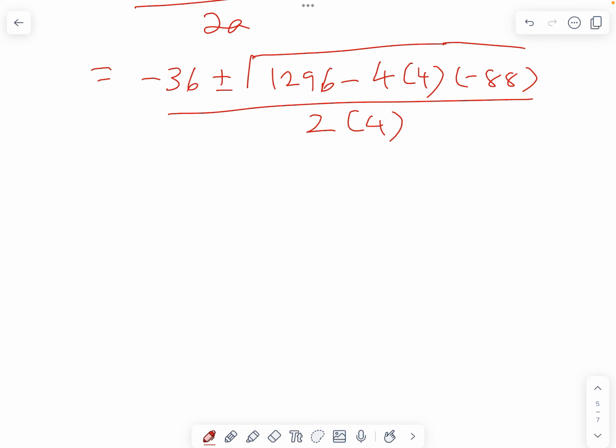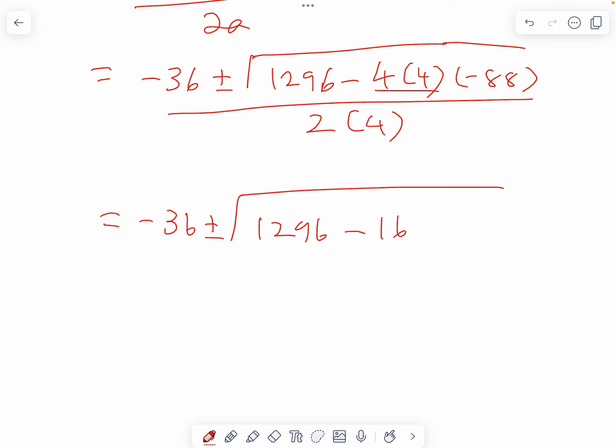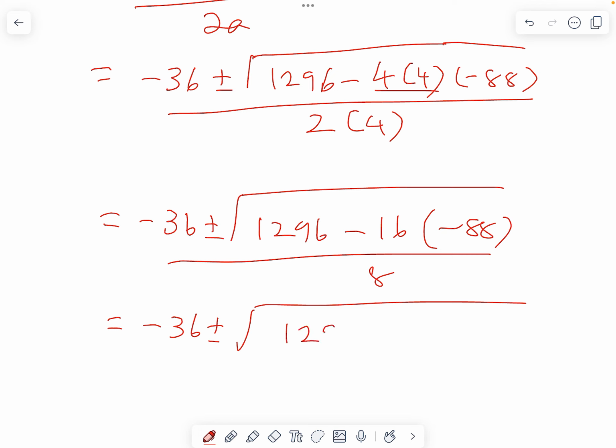Solving further, minus 36 plus or minus root of 1296, and 4 into 4 is 16, into minus 88, by 8. Then solving more, minus 36 plus or minus root of 1296 plus 1408, divided by 8.